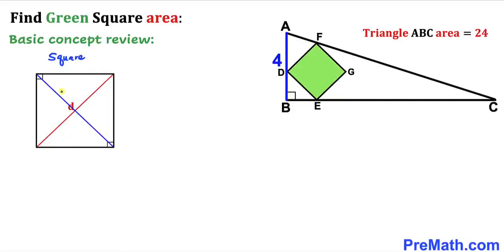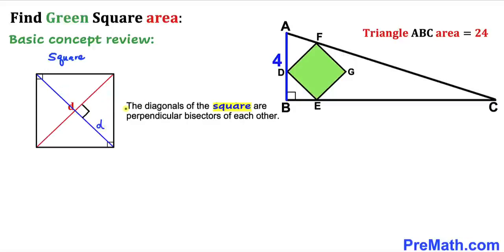And if we draw another diagonal of the same square, then this diagonal is going to be equal to this diagonal. So this diagonal length is going to be lowercase d as well. And furthermore, these two diagonals are perpendicular bisectors of each other. In other words, this angle between these two diagonals is going to be 90 degrees, and this segment is going to be equal to this segment.